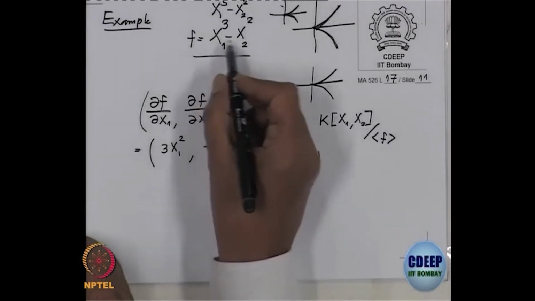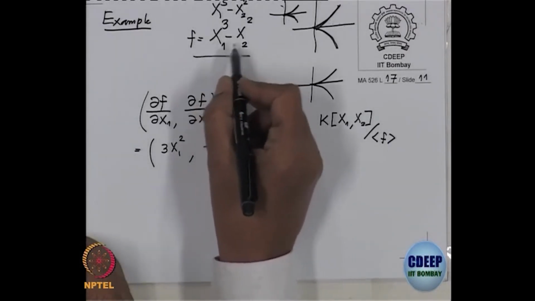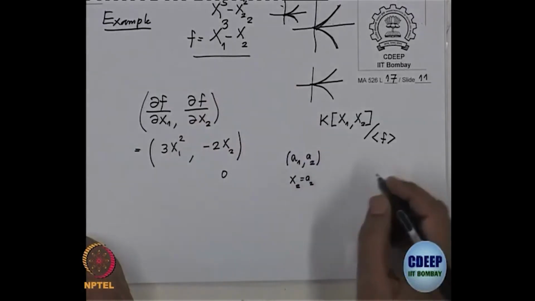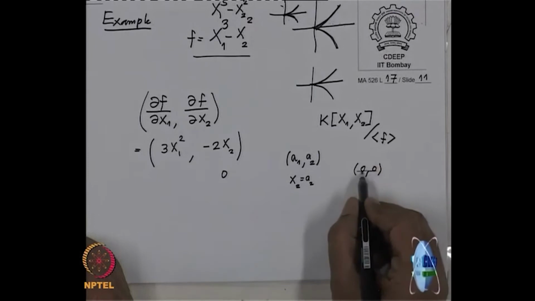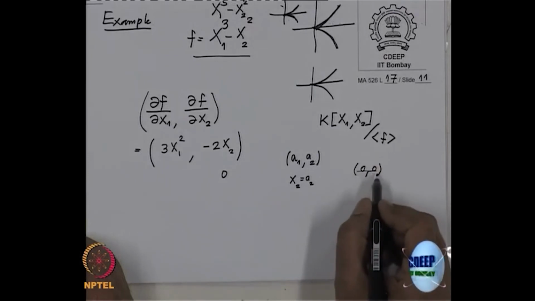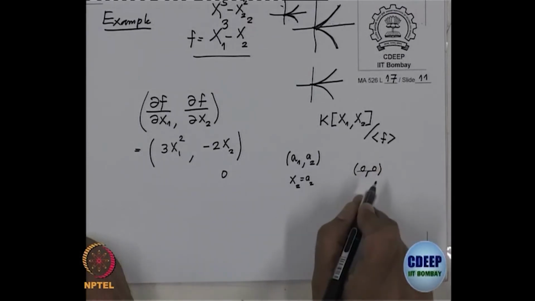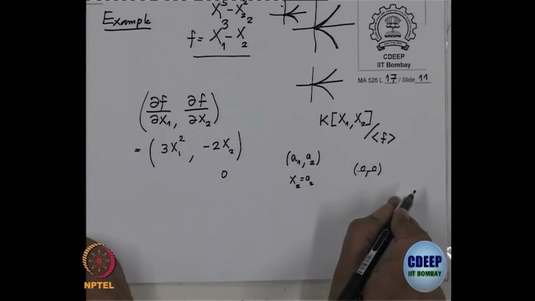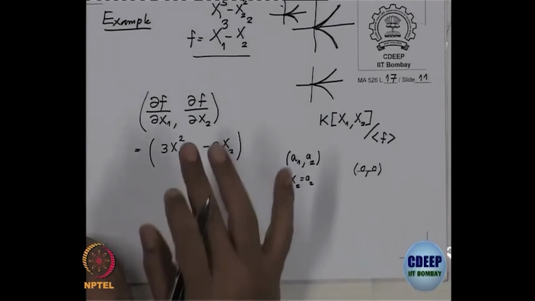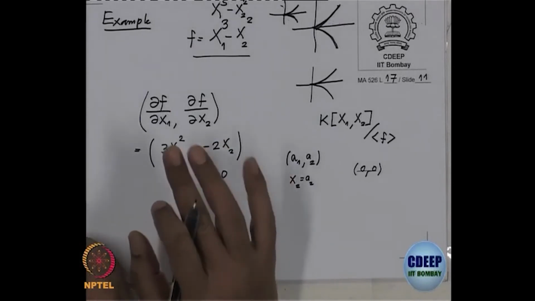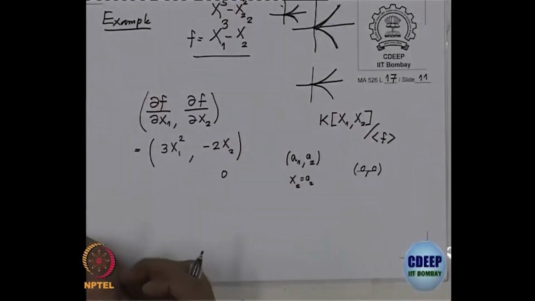And that is going through this also, right? So you have to check all those things. The only possibility is (0, 0), because if you take any point other than (0, 0), then either the x1 coordinate is non-zero or the x2 coordinate is non-zero. Then one of them is non-zero, and therefore the rank will become 1, and then that criterion will tell you it is a regular ring. Therefore, the only singular point is (0, 0).